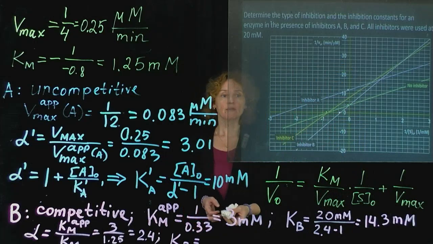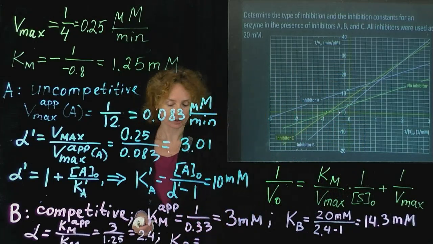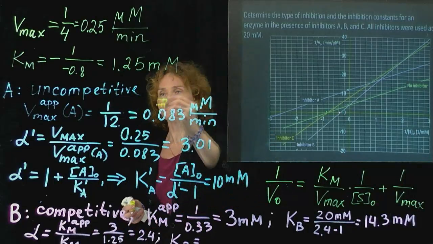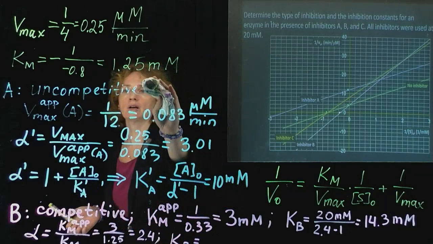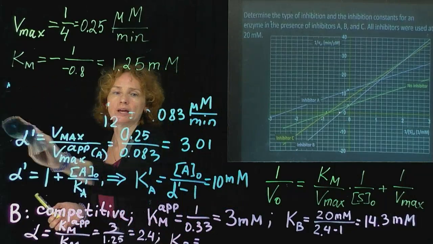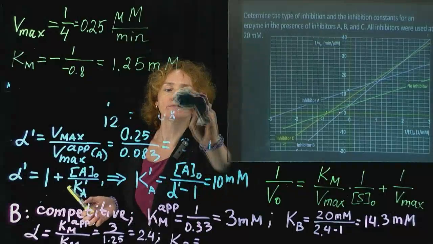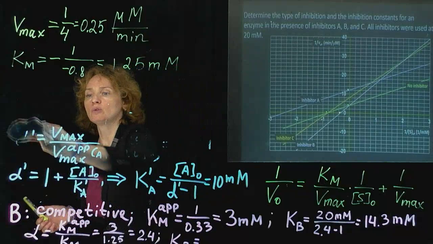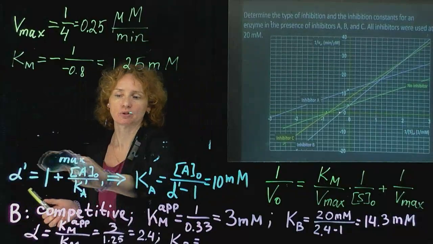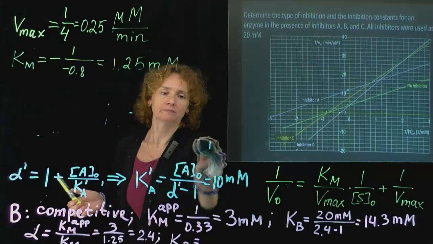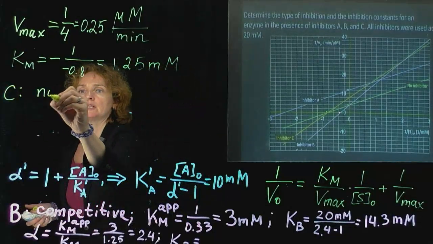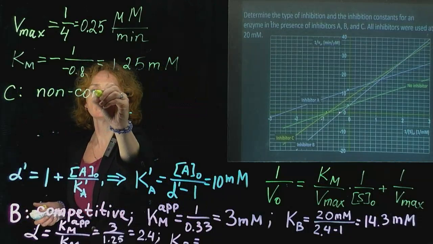And we know that this is the case for a special case of mixed inhibition called non-competitive inhibition. So C is a type of non-competitive inhibitor.